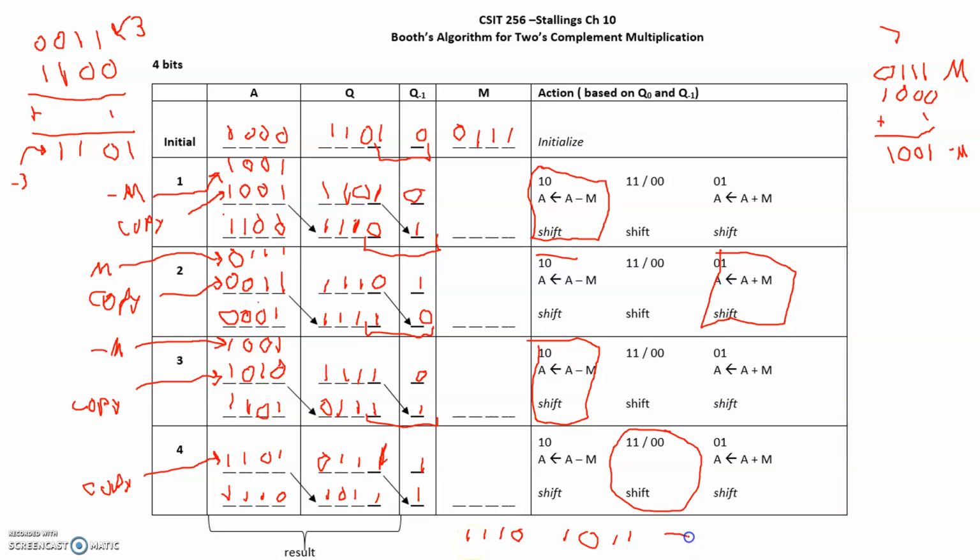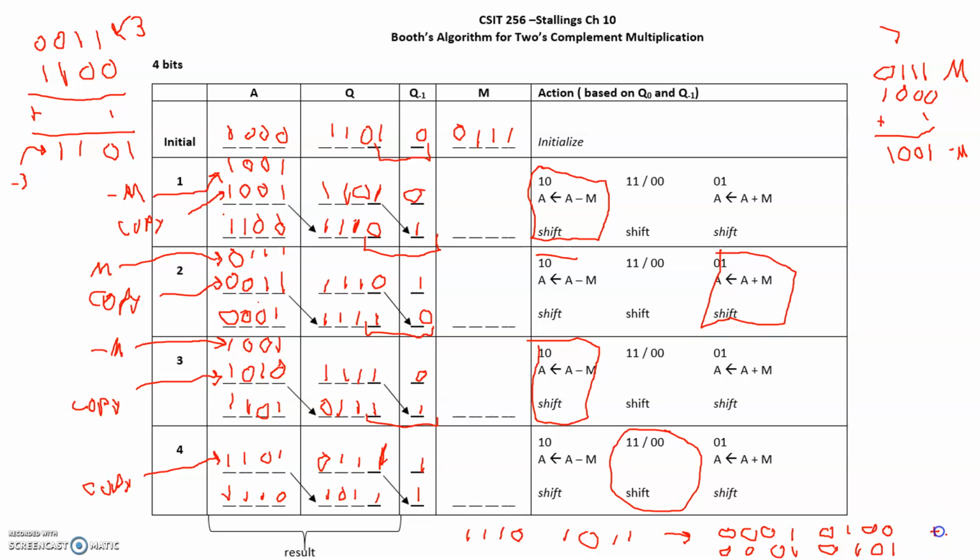So to figure out what this is, let me flip the bits. 0, 0, 0, 1, 0, 1, 0, 0. And if I add 1 to this, we end up with 0, 0, 0, 1, 0, 1, 0, 1.